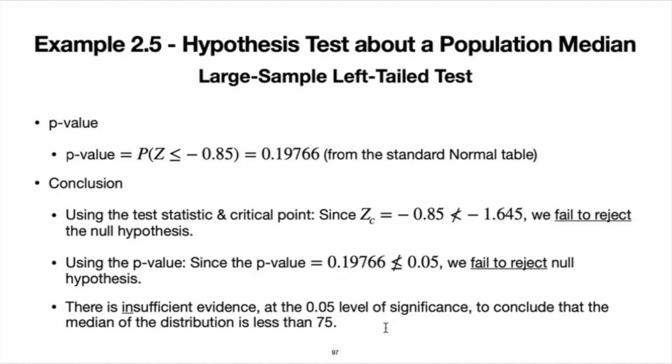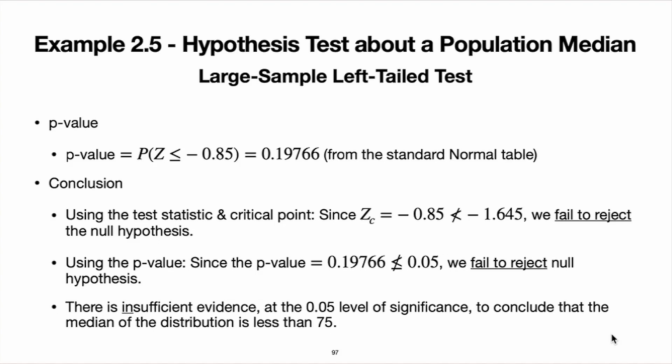In both cases, obviously we come to the same conclusion because they are equivalent. So based on this large sample test, there is insufficient evidence at the 0.05 level of significance to conclude that the median of the distribution is less than 75.